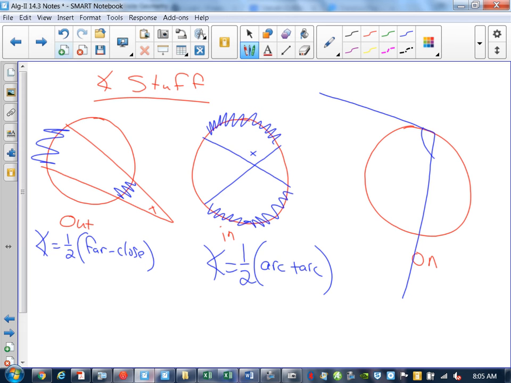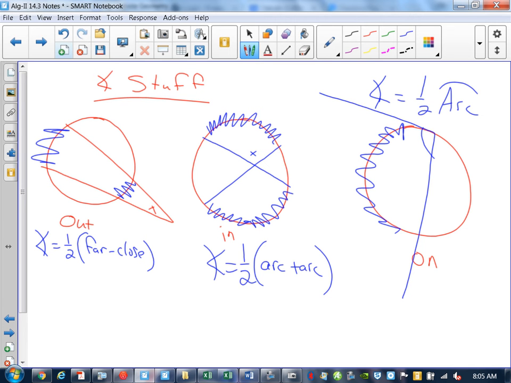This angle runs into this arc. So the angle equals half the arc. So there was your outside, inside, on.